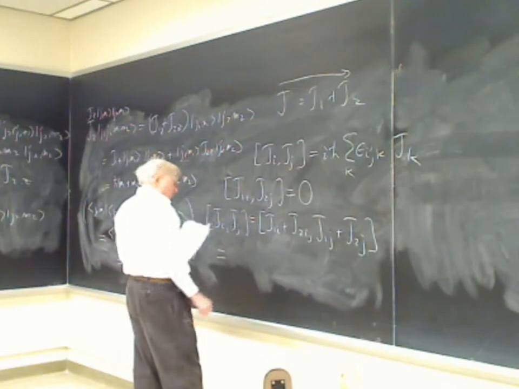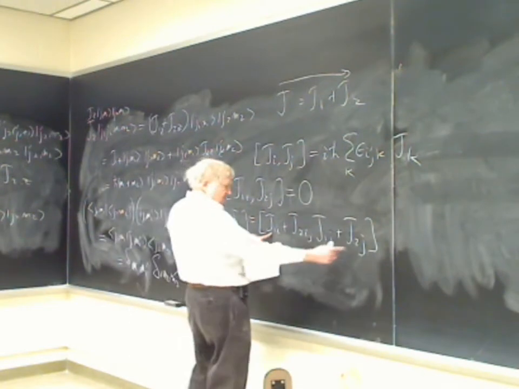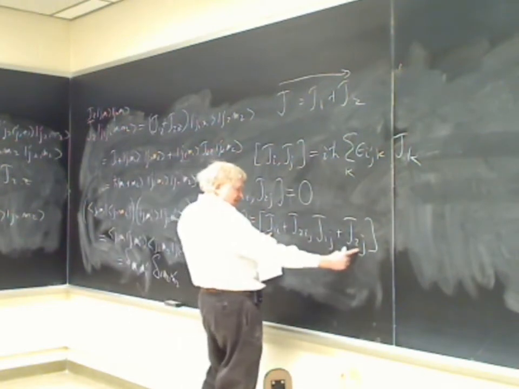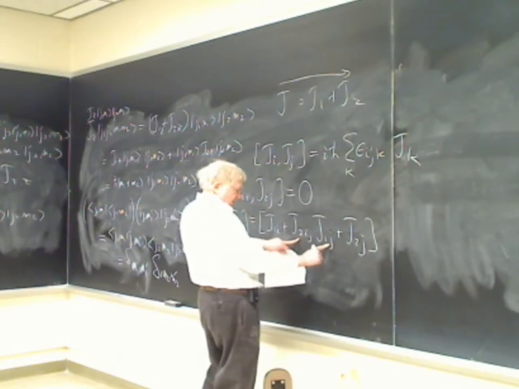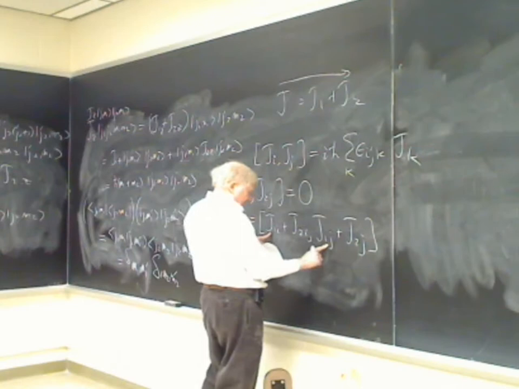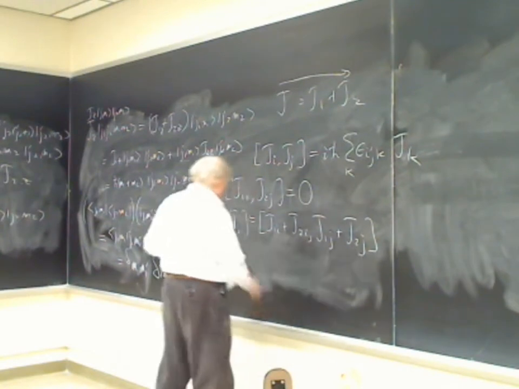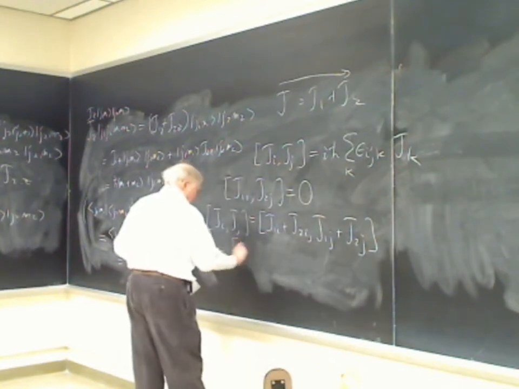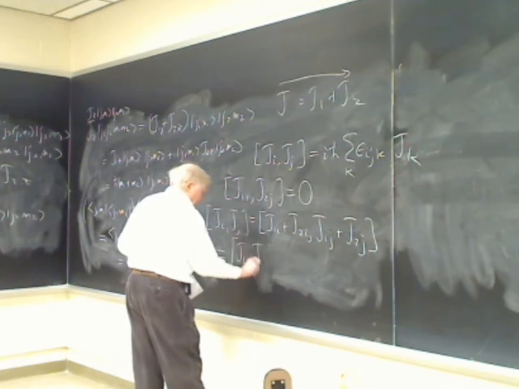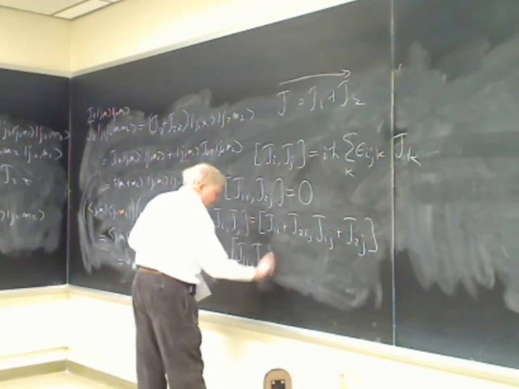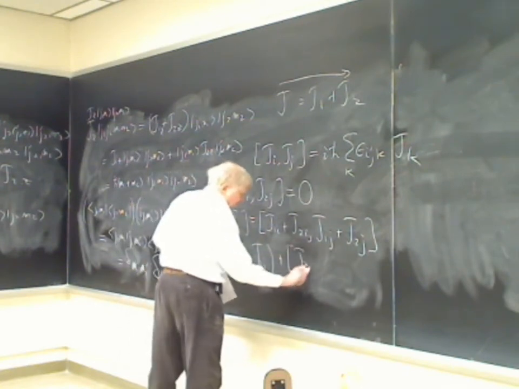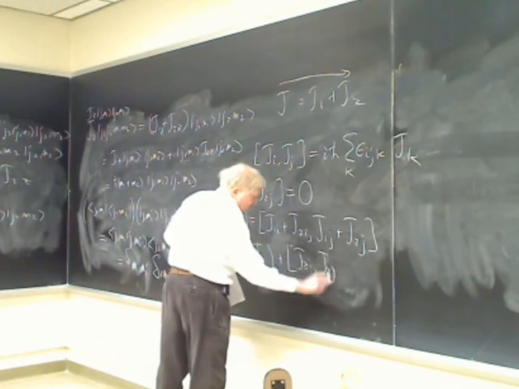J1I with J2J is 0, J2I with J1J is 0, so we just have to do this commutator and that one. So this is the commutator of J1I, J1J plus the commutator of J2I, J2J.